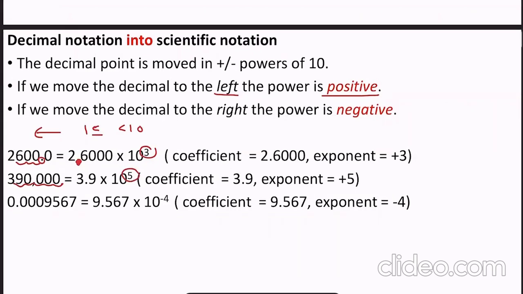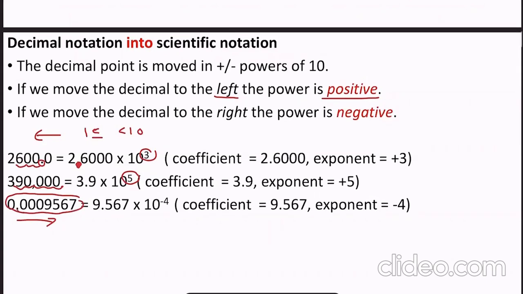If I move this decimal to the right, I need to make this value into a value that's greater than or equal to 1 and less than 10. By adjusting this decimal 1, 2, 3, 4 places, now I'm going to have a negative exponent. So if we move it to the right, our exponent is going to be negative.